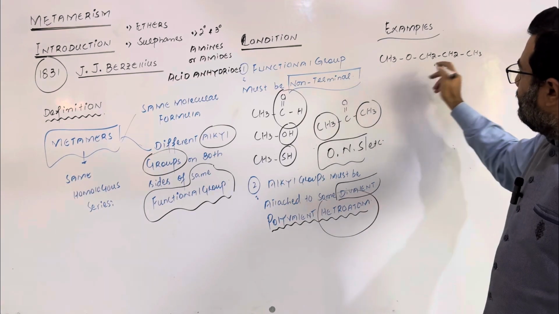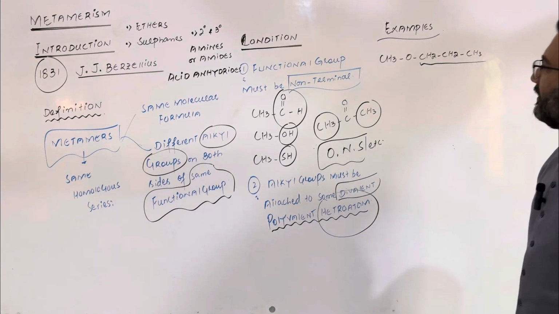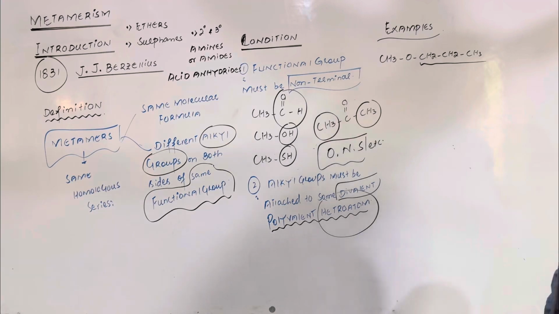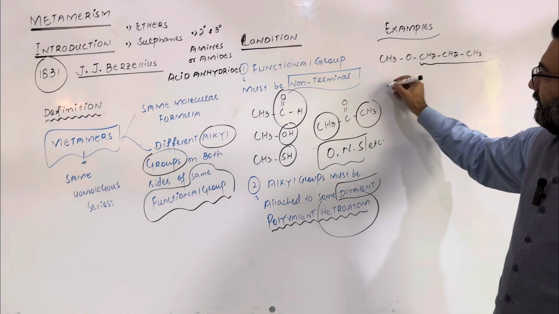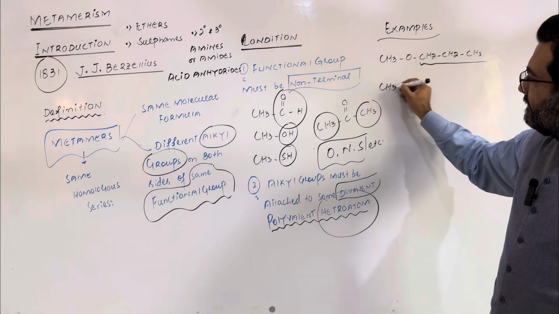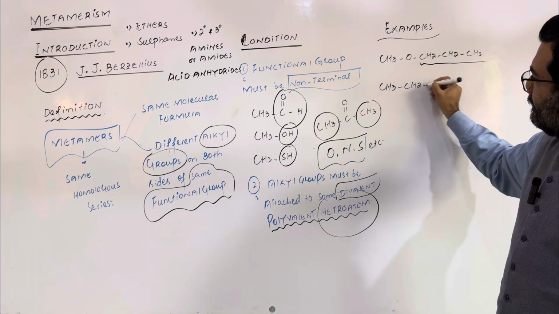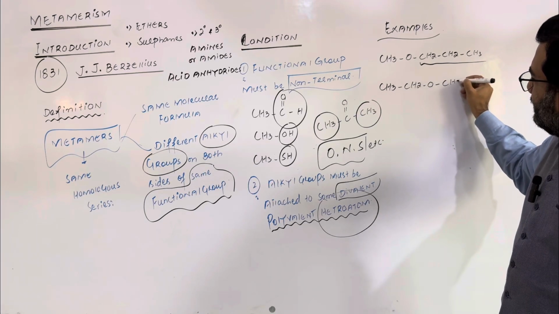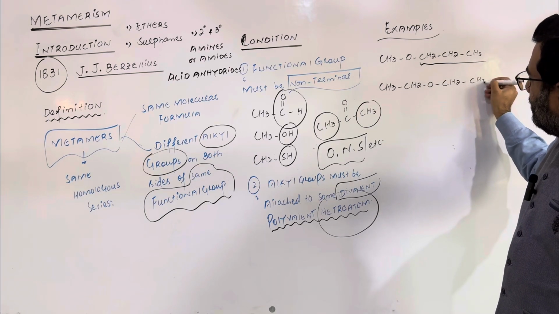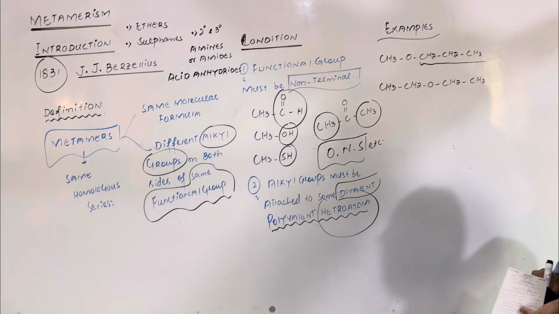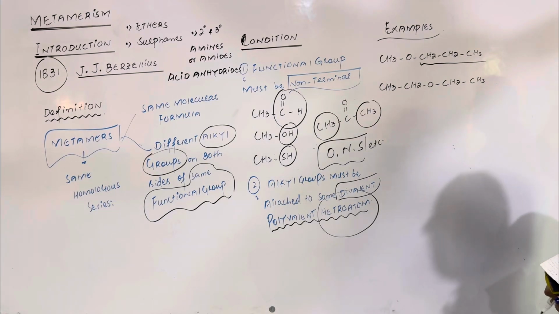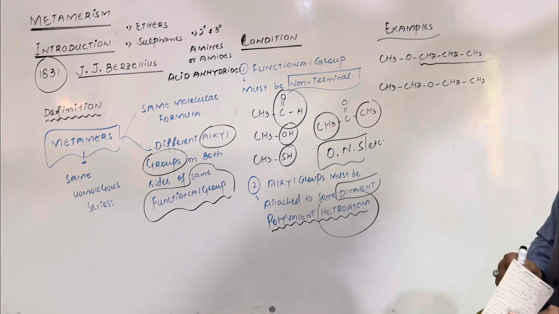It has a methyl group and a propyl group, so it will be called methyl propyl ether or methoxypropane. And the second one is diethyl ether. Ethoxyethane is the IUPAC name of this compound. So they are the metamers of each other.